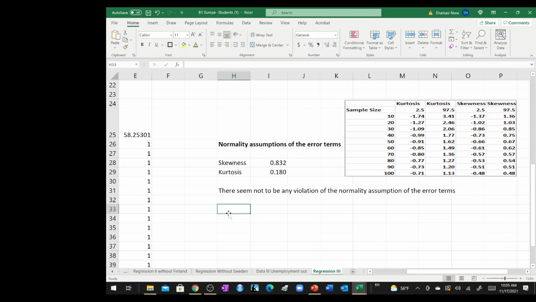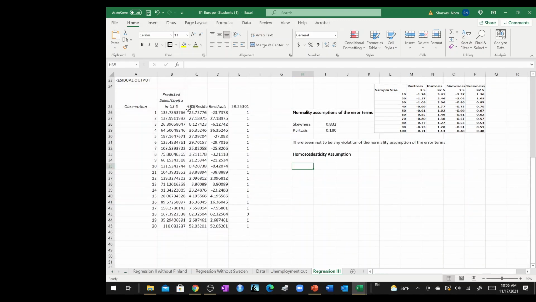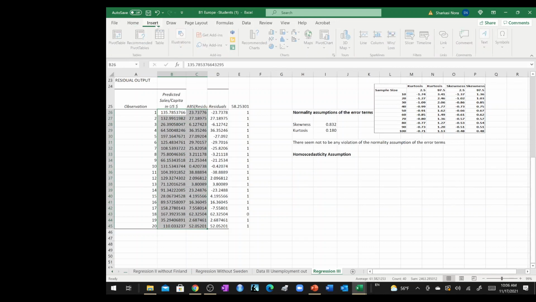Number two is the homoscedasticity assumption. With the homoscedasticity assumption, lovelies, we're going to start with the visualization. As you guys remember, visualization is basically these guys with these guys. These guys are the dependent variable and the absolute errors.